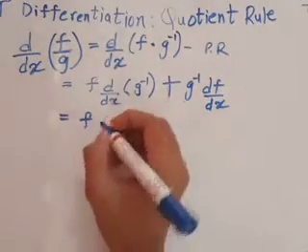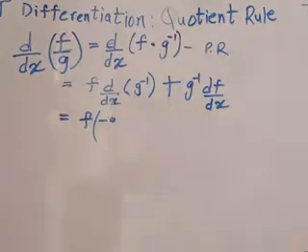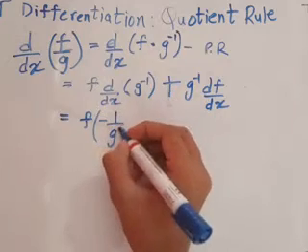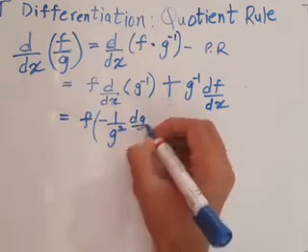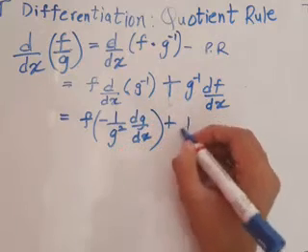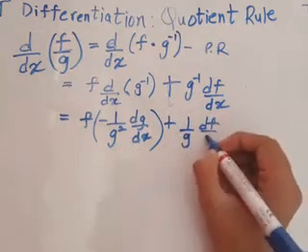So this I can rewrite as multiplied by 1 upon g square multiplied by the derivative of g, and this I can write as 1 upon g multiplied by the derivative of f.